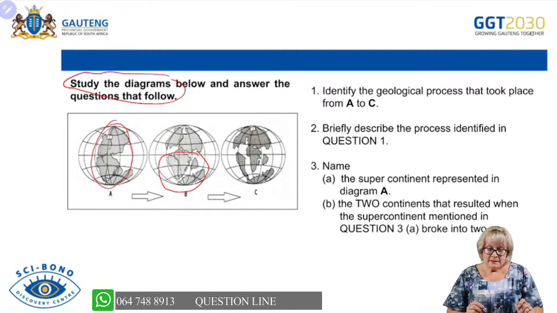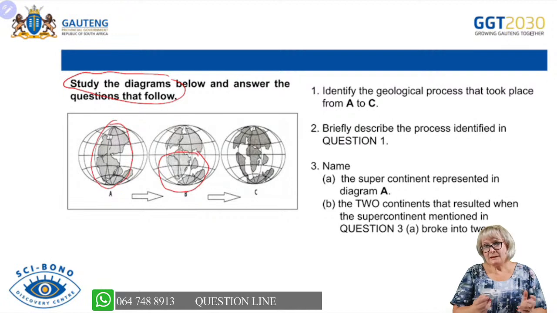Question number 3, name A, the supercontinent represented in diagram A. We've already said that. Remember when we looked at our diagram, we said, oh yeah, this is when the earth was actually one piece, one land. And that is called, can you remember? Pangaea.